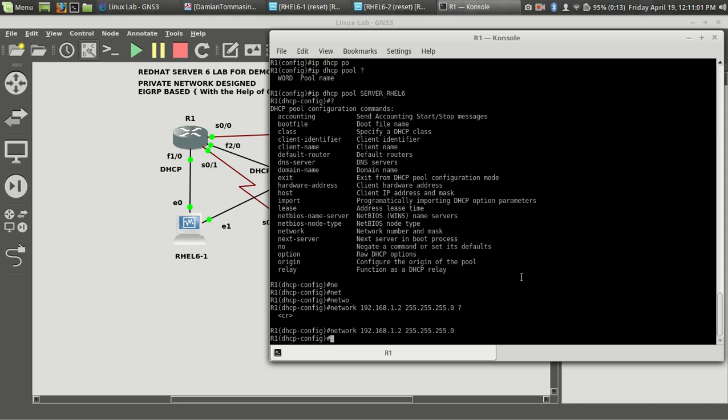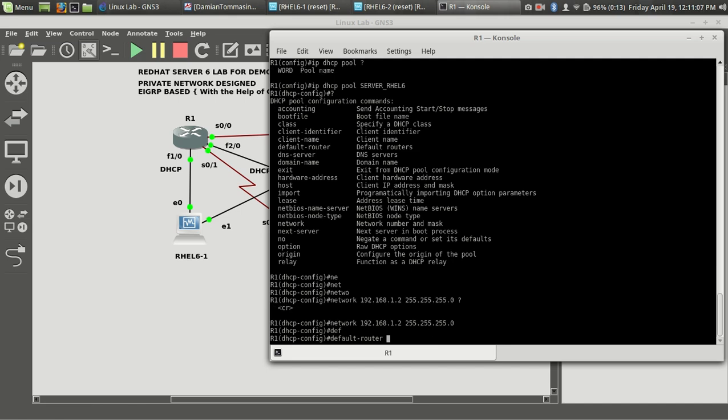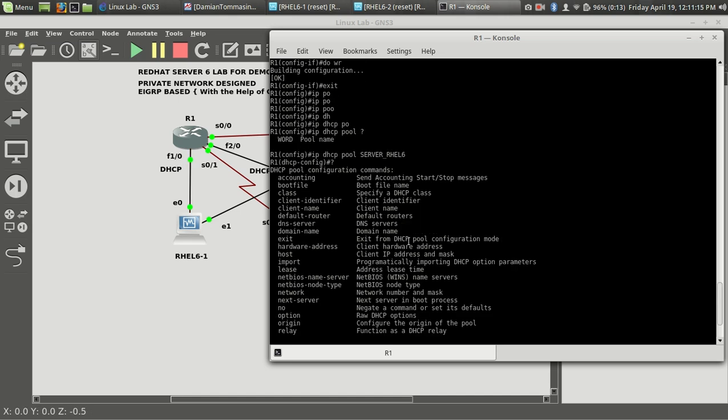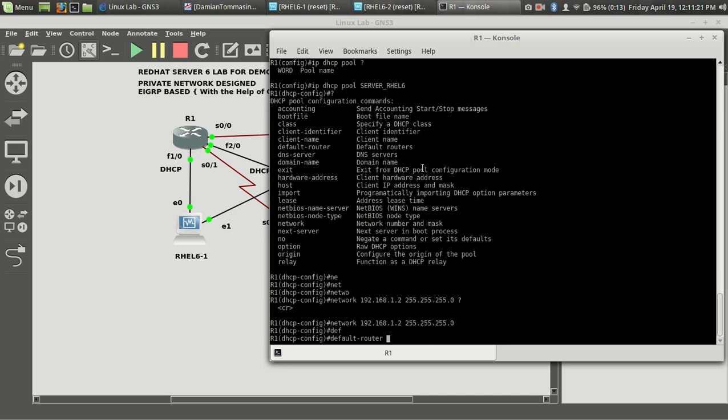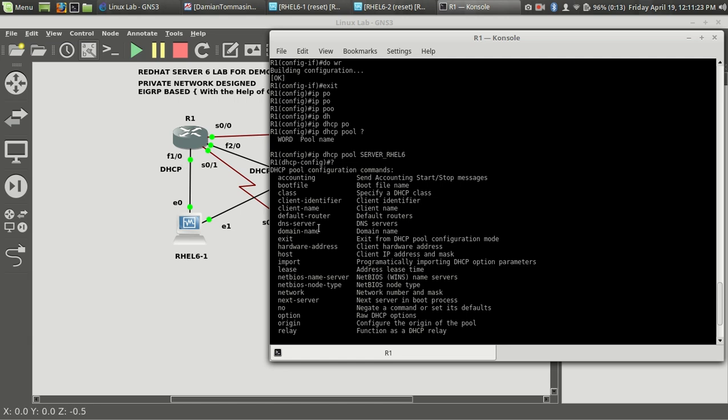In this scenario I need a gateway. So there is a command, default-router, followed by the router IP address. What is my FastEthernet 1/0 IP address? This is the 1.1 IP I have configured. So make sure you configure the very first IP address.